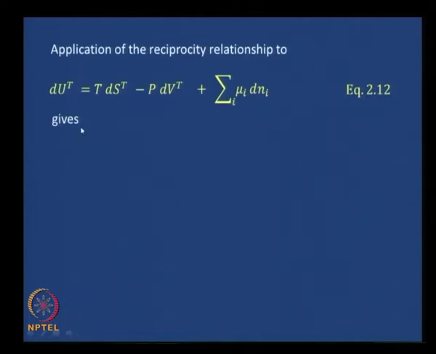If we apply the reciprocity relationship here, it will give us dou T by dou Vt at all other things remaining constant, such as St and all ni's, equals minus dou P by dou St at Vt and all other ni's remaining constant.